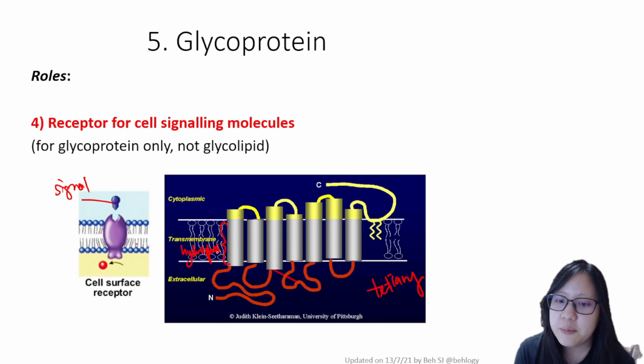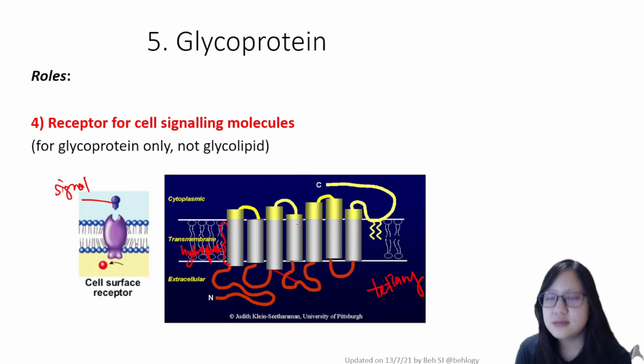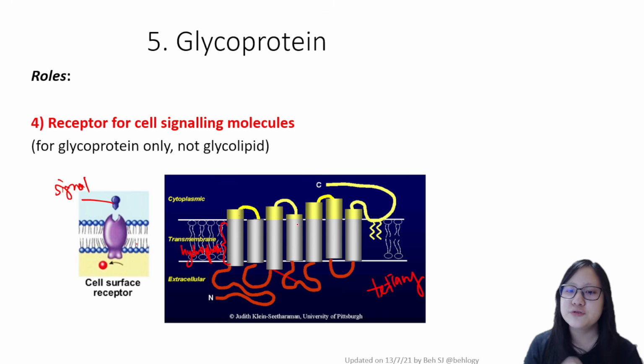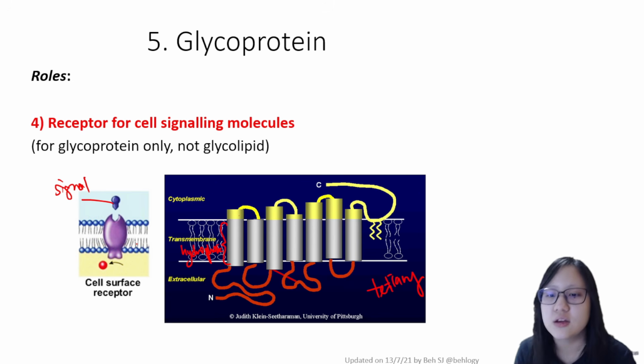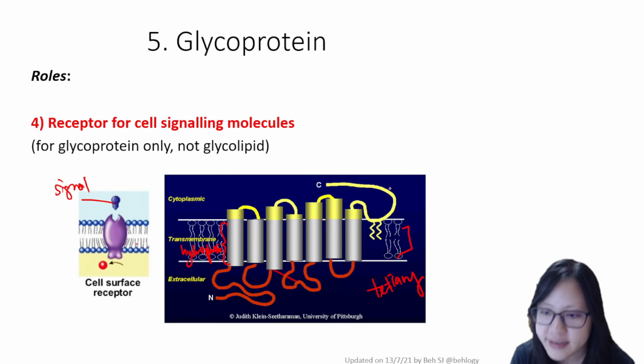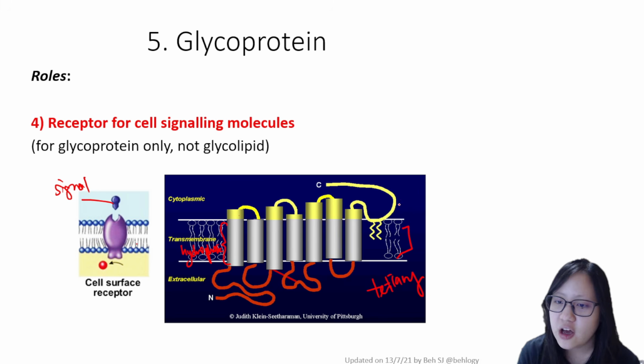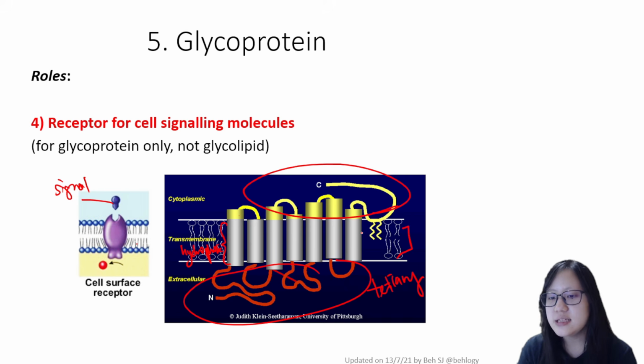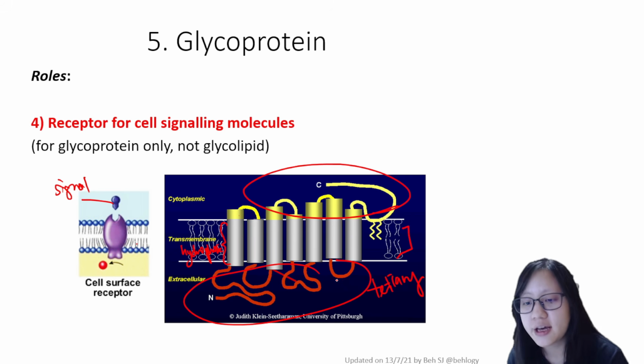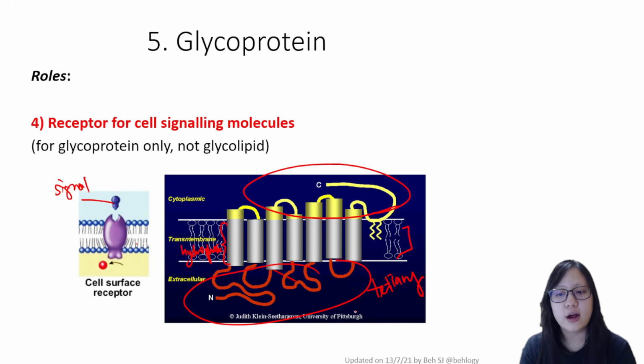The amino acids in these gray regions would have hydrophobic R groups, which can interact with the hydrophobic tails of the phospholipid bilayer. So that makes sense. However, this yellow region and this orange region have amino acids which have hydrophilic R groups, which can then interact with the aqueous environment, the water, and the hydrophilic heads.